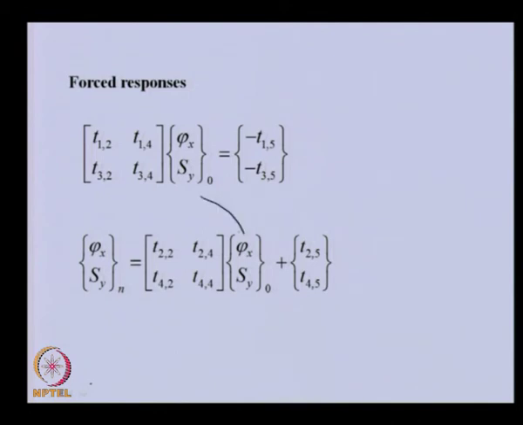And this we can then substitute here to get the state vector at the nth station, because this unbalance will be known and all these terms will be field and point matrices including the speed will be known. So, you can see that we can obtain these responses for various speeds, and we can plot the response with respect to speed, how they vary. So, this is how we can analyze the forced vibration in the system.